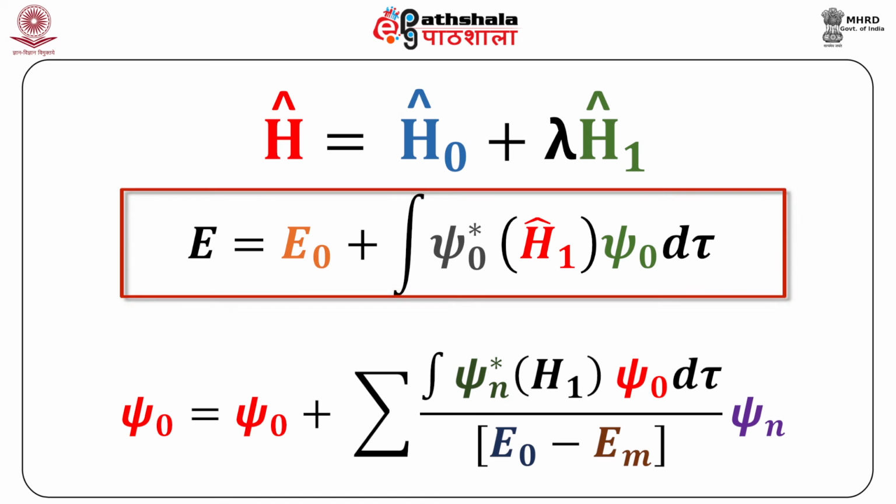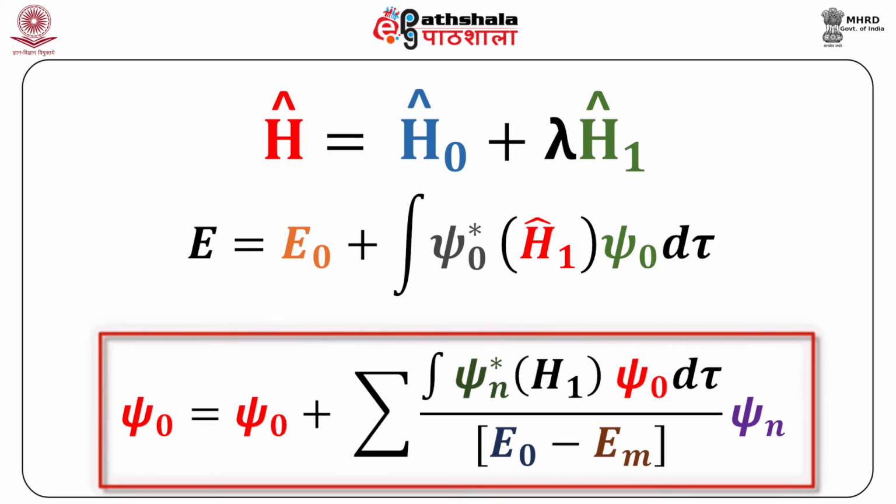So this expression gives the total energy of the system, and the corresponding wave function of the system is given by psi equal to psi 0, where psi 0 is the wave function of the unperturbed system, plus summation psi n star H1 cap psi 0 d tau divided by E0 minus Em, times psi n.